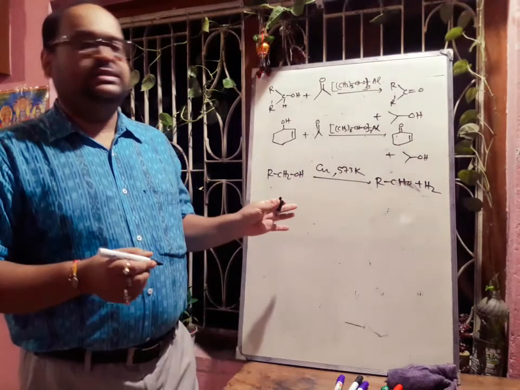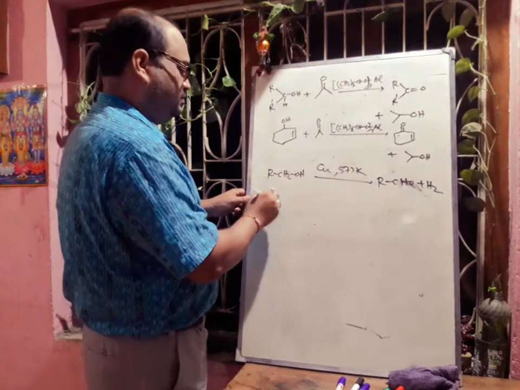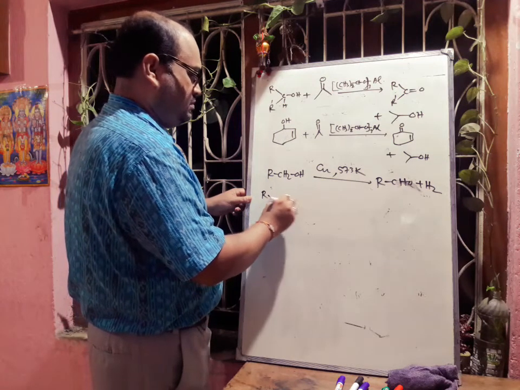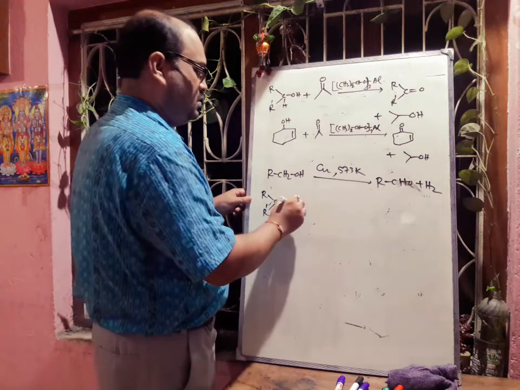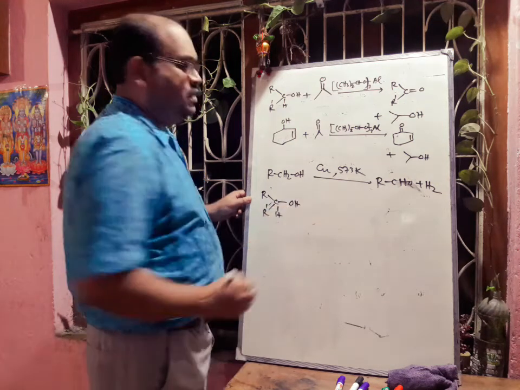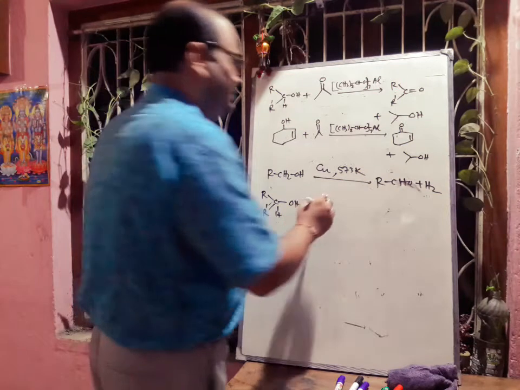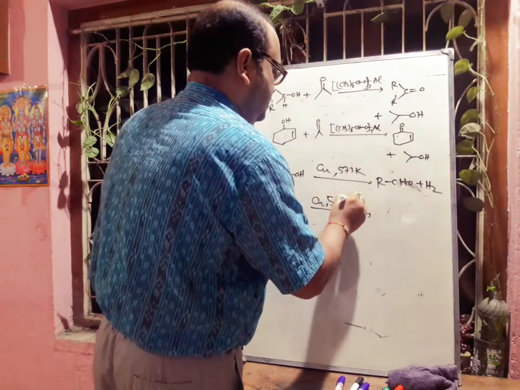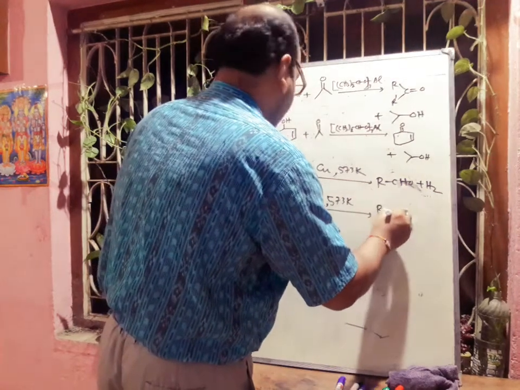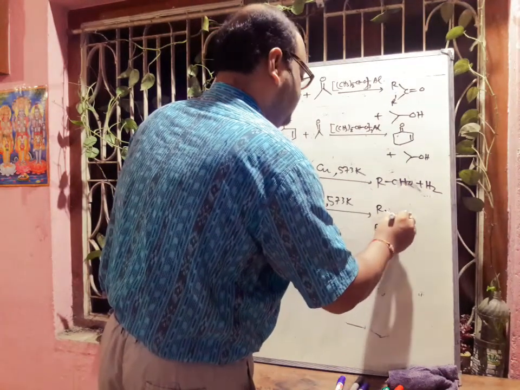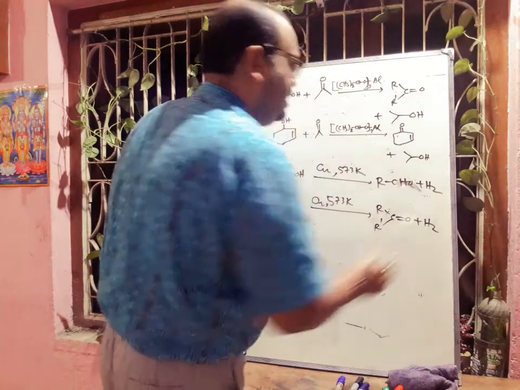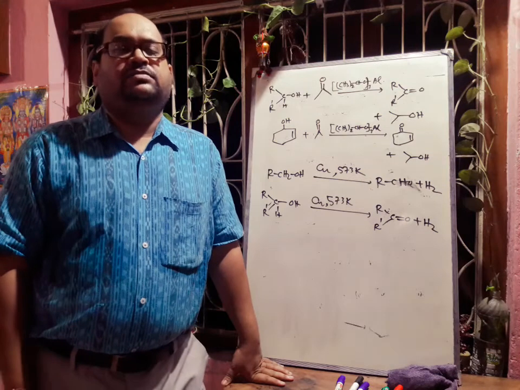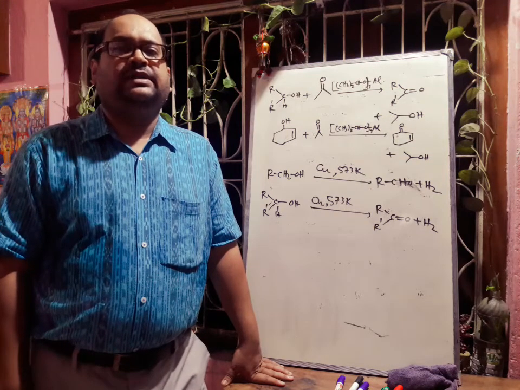Now if we take one secondary alcohol, if we use the same reagent, then there will be formation of ketone plus hydrogen. The dehydrogenation is a better method because there is no chance of further oxidation.